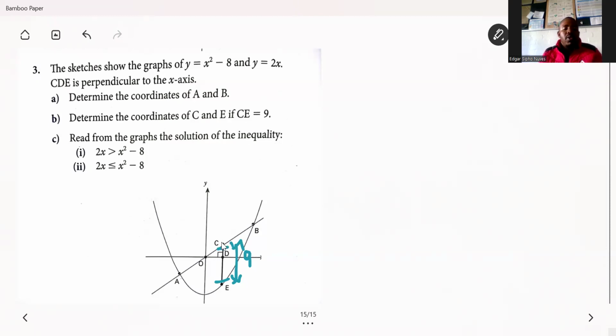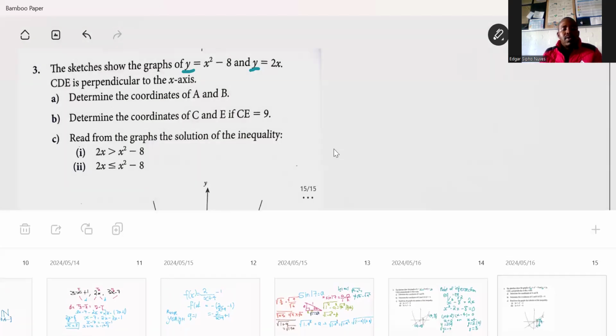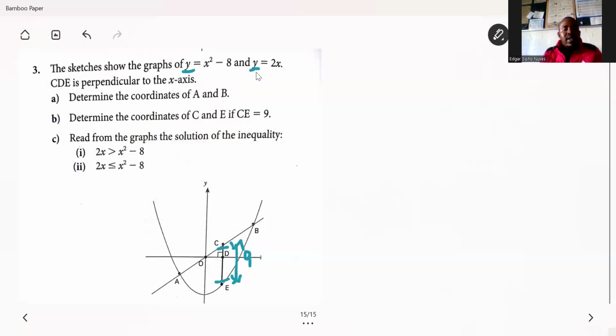Unfortunately, we don't have the Y value of C or of E. However, we do know what function C is in and what function E is in. The functions are basically some forms of Y. The first one, the parabola, we can think of as Y1, and the straight line we can think of as Y2.